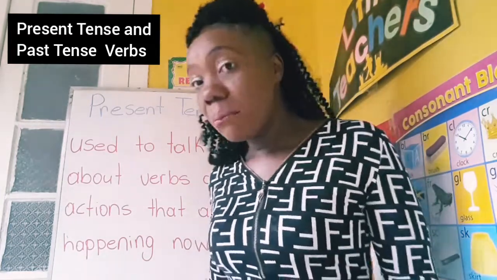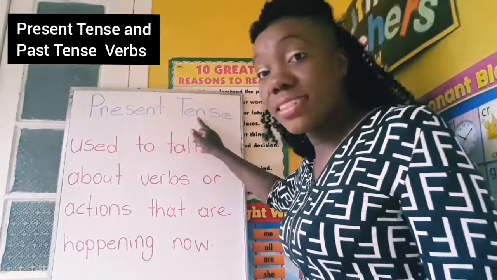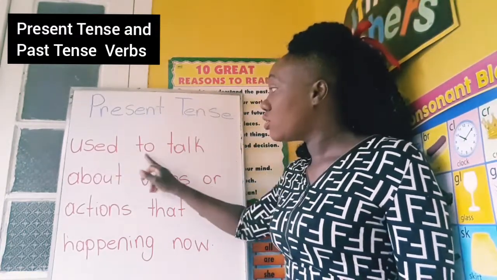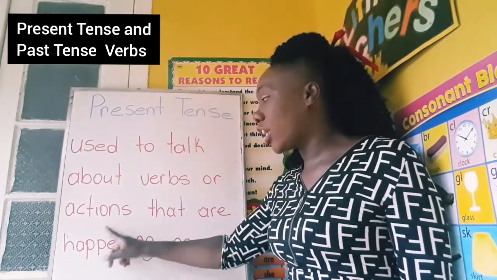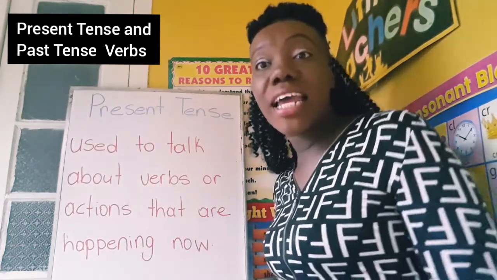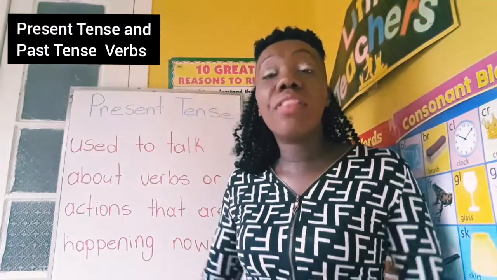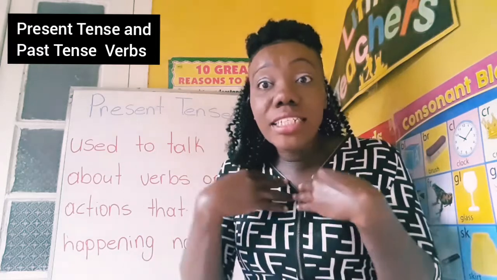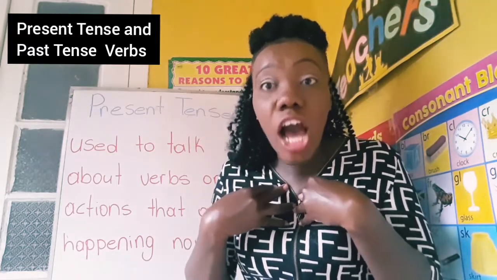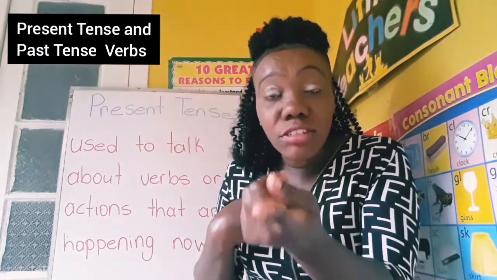Present tense is used to talk about verbs or actions that are happening now. It is called the present. It is happening now. Auntie Karine is talking right now. I am talking to you.